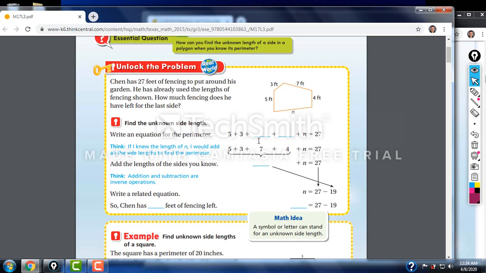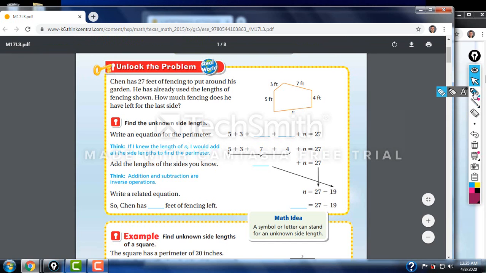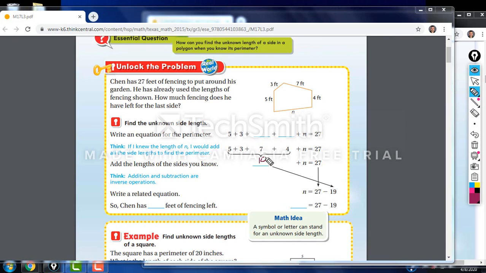So here, 5 plus 3 plus what? Plus the missing ones here. 7 and 4 go here, and they're right here. Okay, so what's your total here? So that's 8, 15, 19, and here's 19 right here. So you got your total of the length that you have.